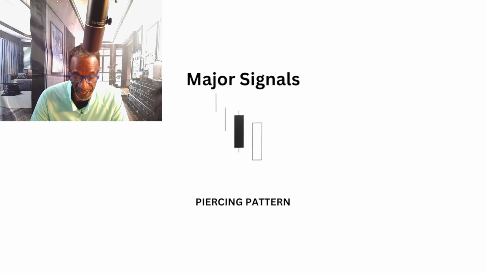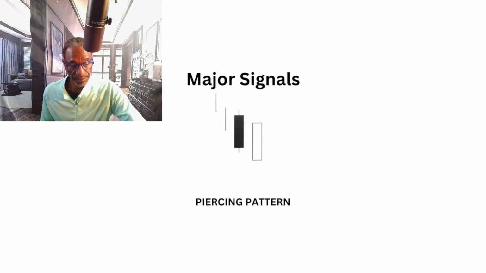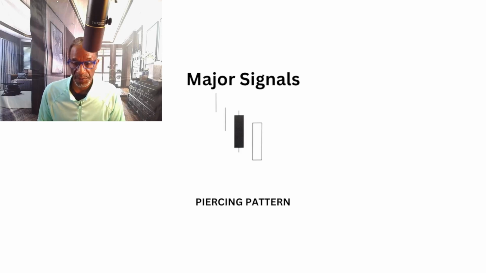The higher the white candle closes into the black candle, the stronger the reversal. Large volume during these two trading days is a significant confirmation. I like three confirmations. Your candlestick piercing pattern, your actual volume, and your momentum oscillator should be confirming. Let's move on.